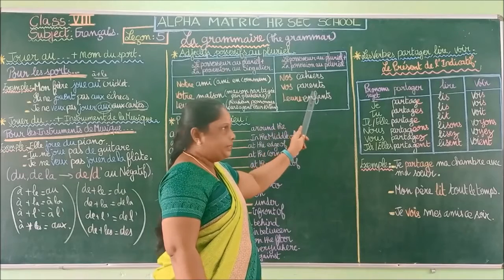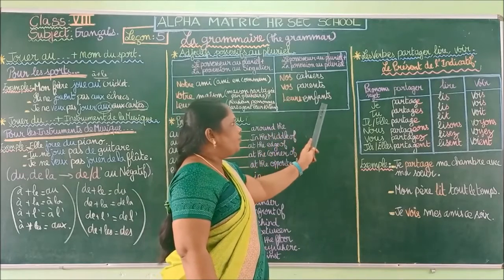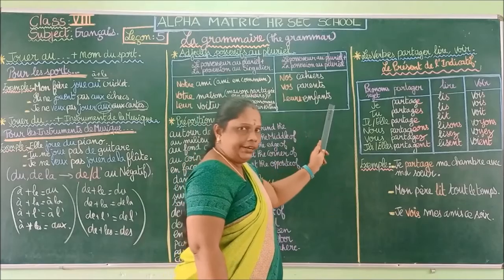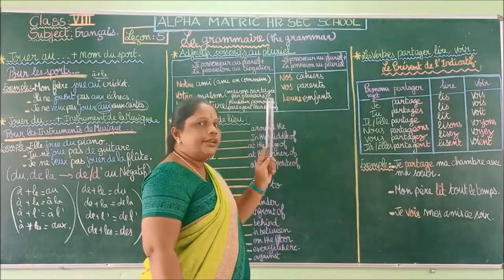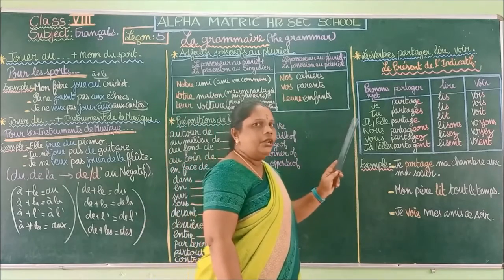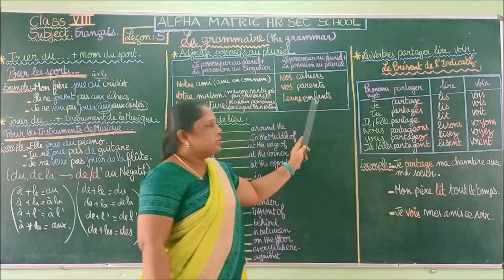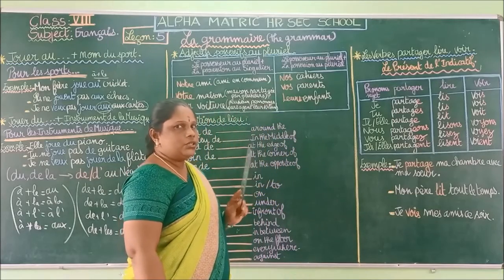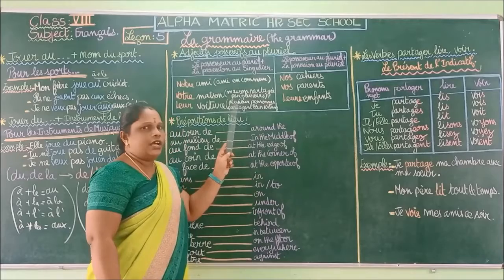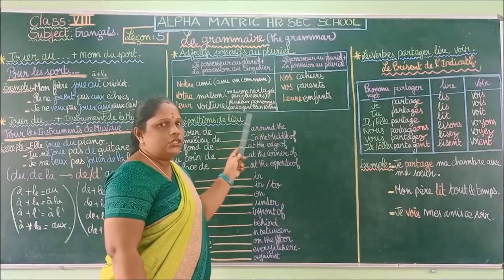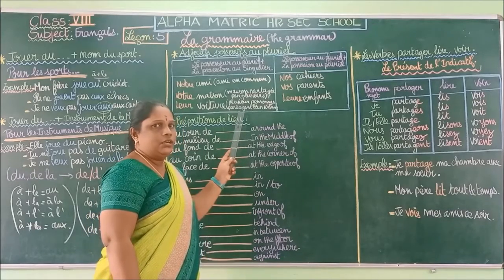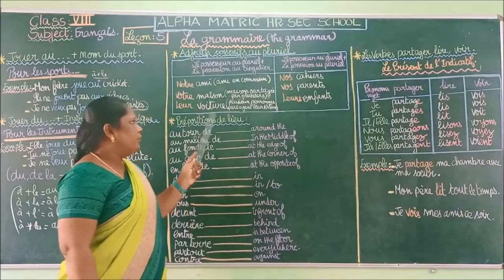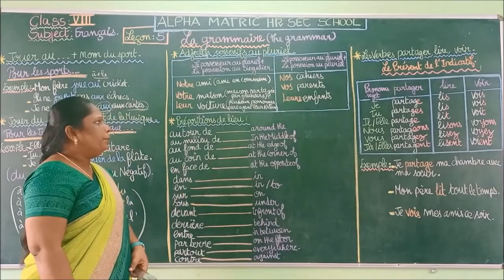Your parents. Leurs enfants. Their children. Okay, not child, because children is already in plural. So leurs enfants. Okay, so this is all a recap of last year. So we already saw the basic things of this, isn't it? So let me go for the next one.